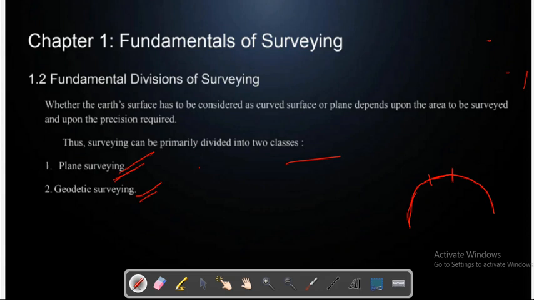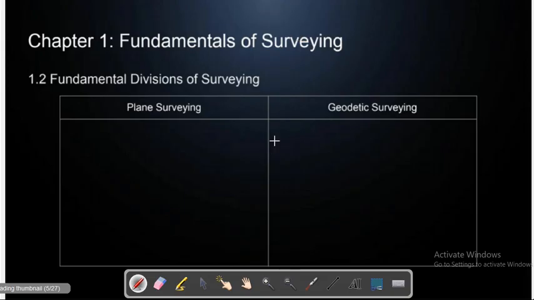But in geodetic surveying, the earth curvature is taken into consideration. Let's suppose you have to do a survey from Kashmir to, say, Silchar. For that we have to see the earth curvature effect, and then we say it is a geodetic survey. And if we just consider the earth surface as a plane, then we say it is a plane survey.